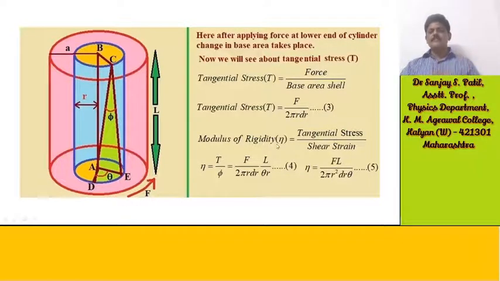Now modulus of rigidity, denoted with the letter eta, is equal to tangential stress divided by shear strain, that is phi, which is equal to capital F divided by 2 pi r dr into L divided by theta r. Suppose this is equation 4. So from this, eta is equal to FL divided by 2 pi r square dr theta. Suppose this is equation 5.